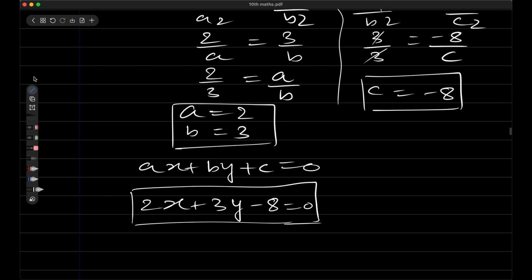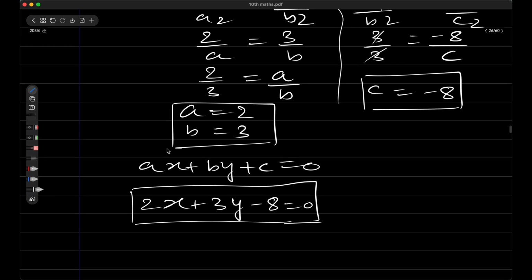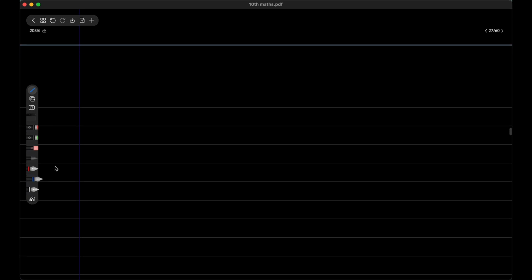Now question number 7. Question number 7 is, draw the graph of the linear equations x minus y plus 1 equals 0 and 3x plus 2y minus 12 equals 0, and determine the coordinates of the vertices of the triangle formed by the lines and the x-axis, and shade the triangular region.